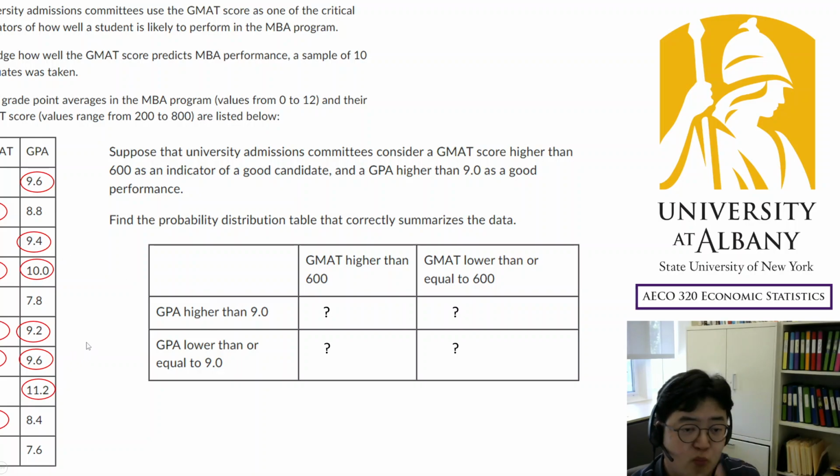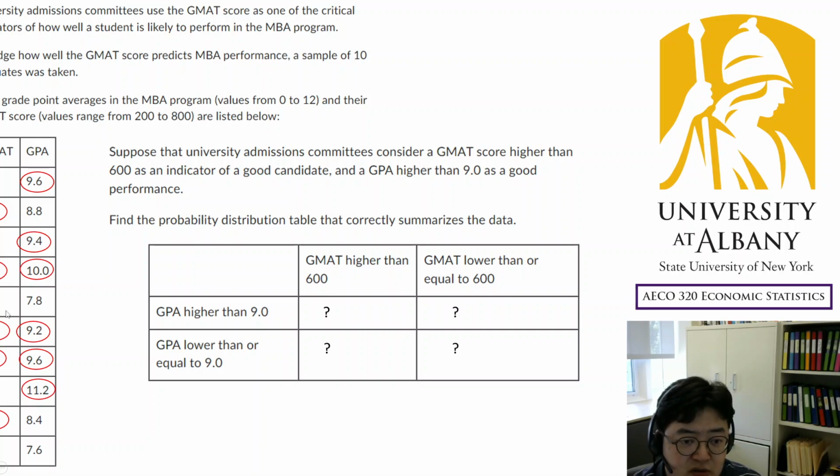By the way, it is not just simple counting. You have to classify these observations into 4 types. For the first entry, top left entry, you have to count the number of observations that satisfy both conditions.